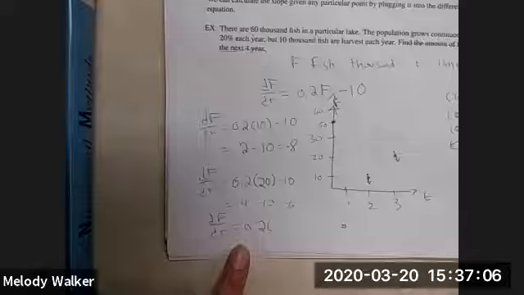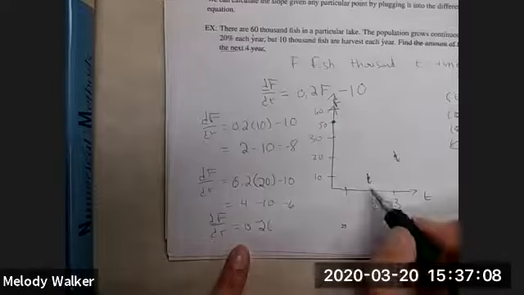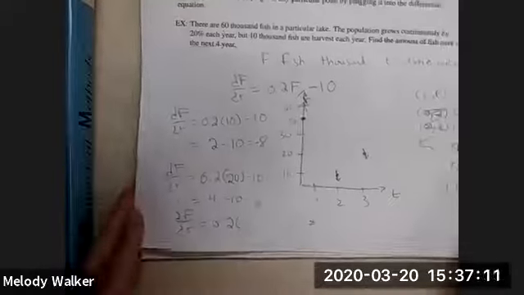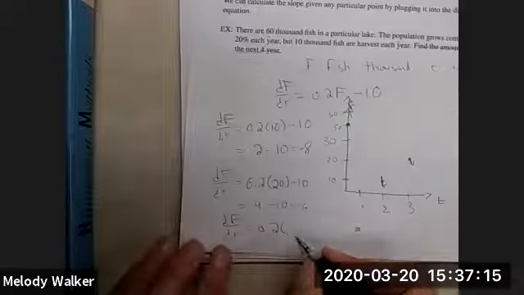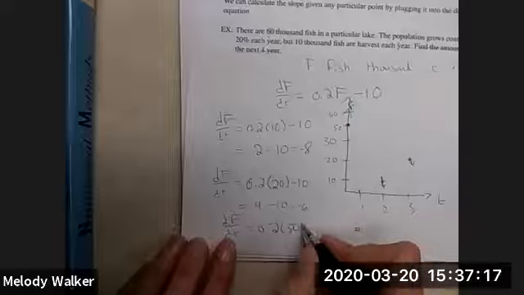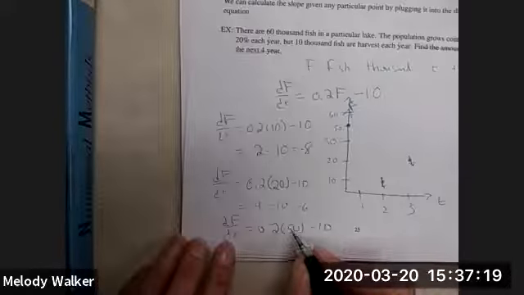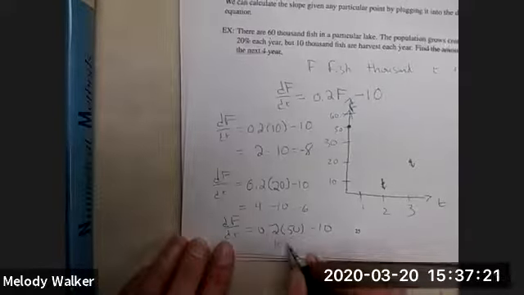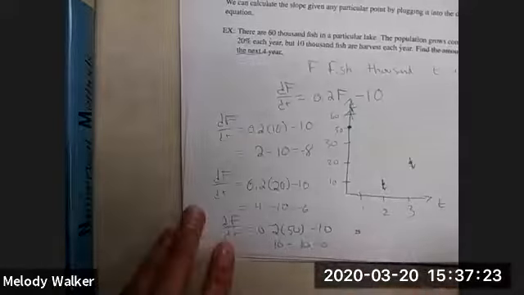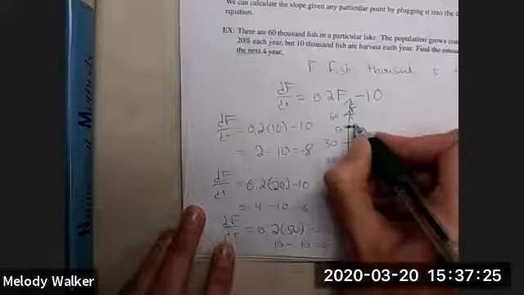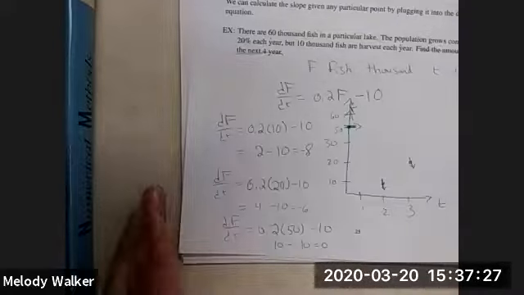I don't know which way to make my arrow because these have been pointing down because they're negative. I just chose these points at random, plug in 50. 50 times 0.2 is 10, minus 10 is 0. So that's a slope of 0. That means it's flat right here. Here's my slope right there.